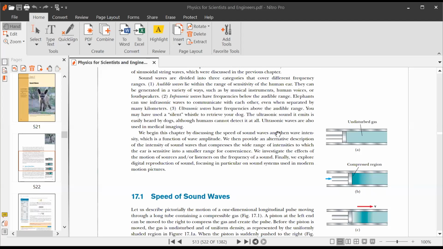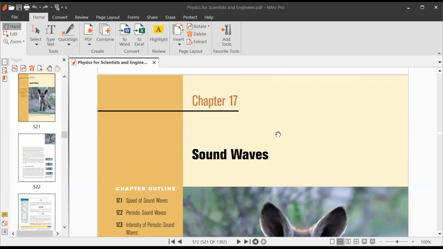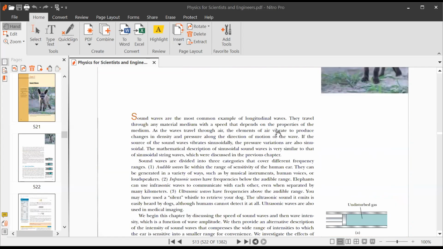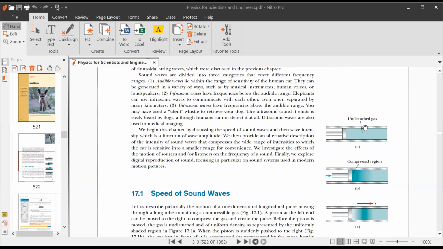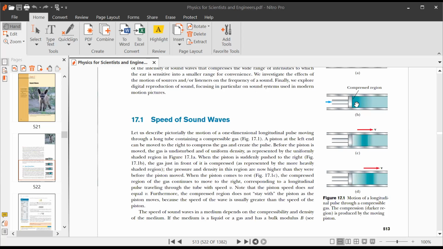Okay, this is the book about sound waves. We go back to the beginning. This is a gas, an undisturbed gas. When we make a disturbance, for example, we compress this piston, we push this piston, there will be a compressed region.